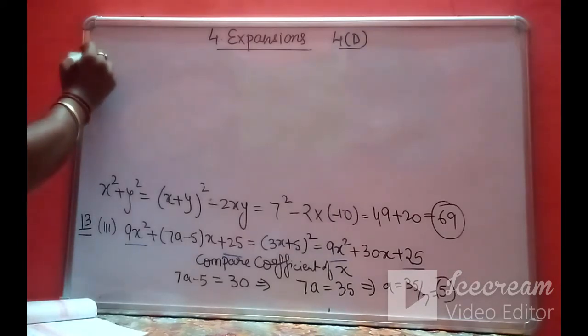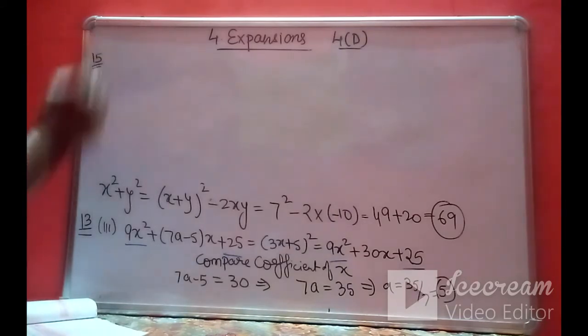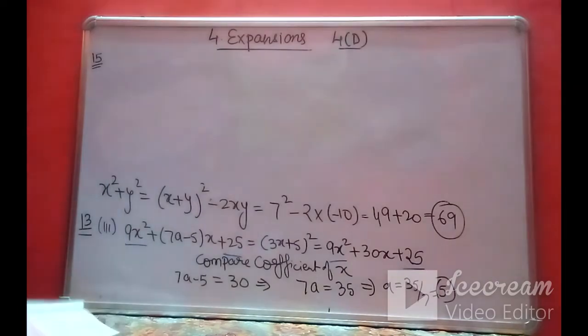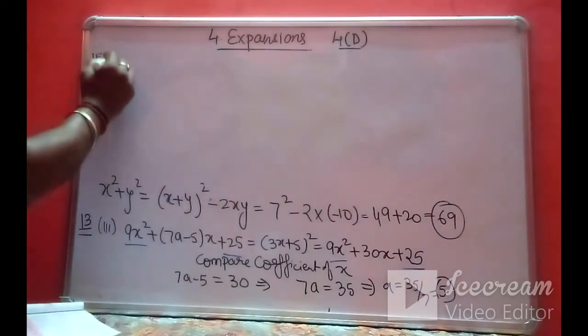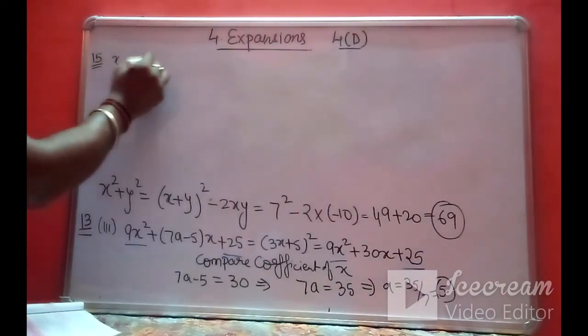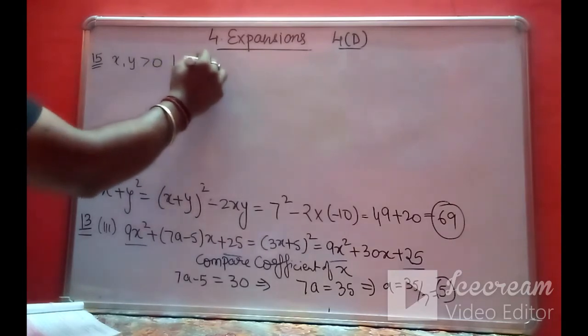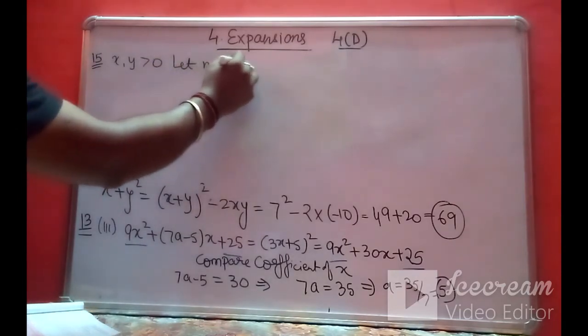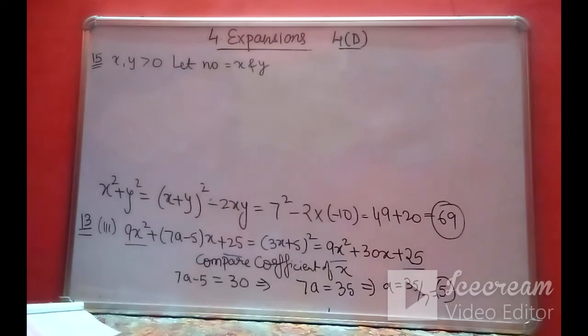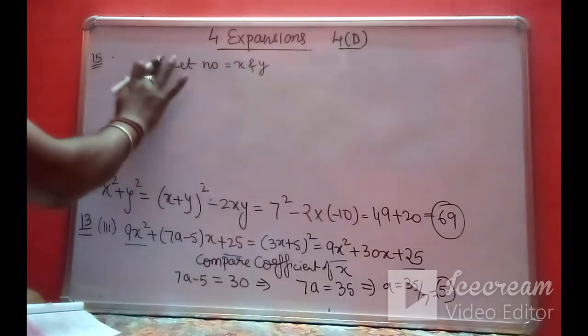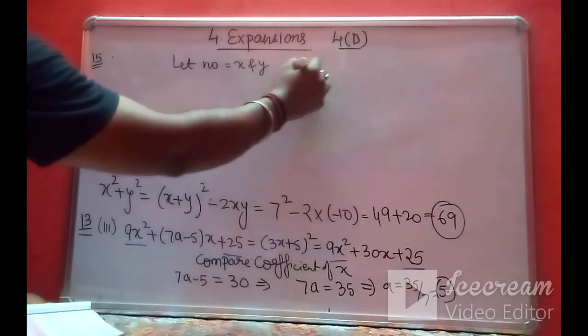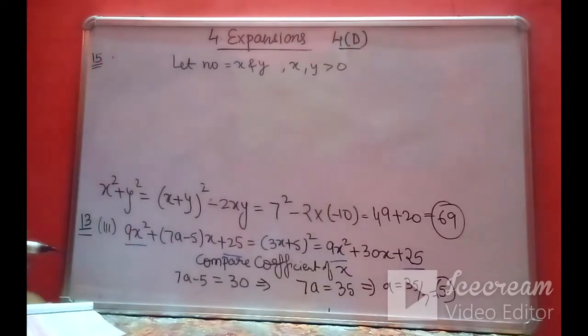Then see the last question, question number 15. The difference between two positive numbers. Okay, so it is given that x and y are greater than 0. So let the numbers equal to x and y, and the condition is x, y greater than 0.